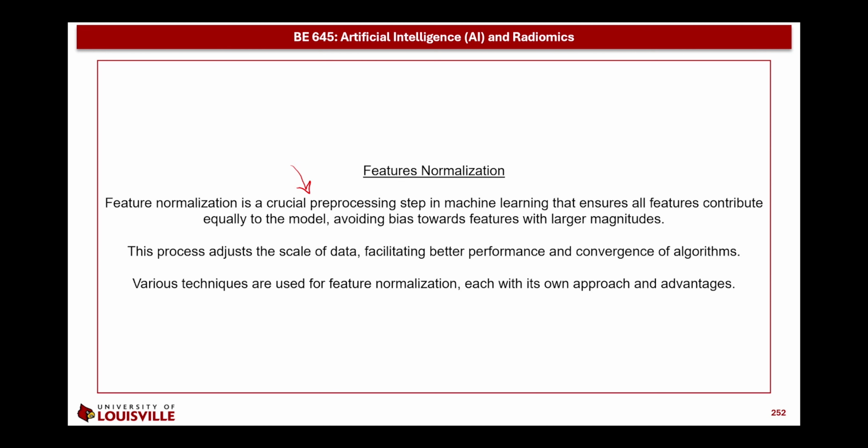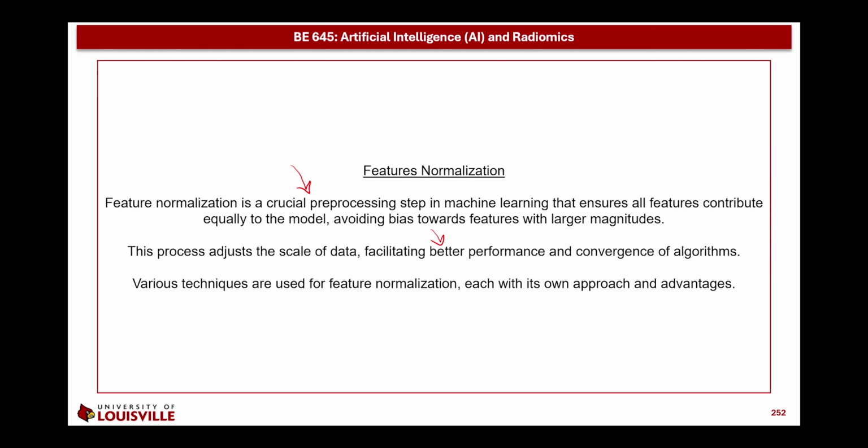And this gap in the magnitudes may somehow introduce bias in the system. So feature normalization helps to eliminate that. And this can also give better performance and convergence of the machine learning algorithms.